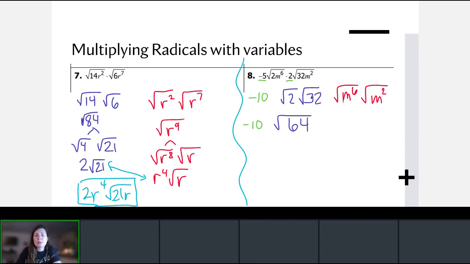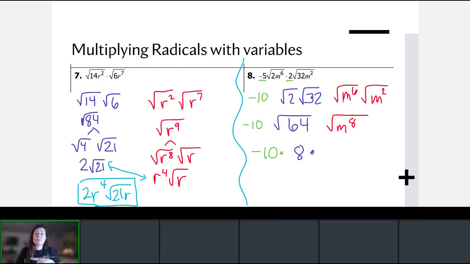Now over here, we have the square root of m to the 6th times m to the 2nd. What's that going to give us in our exponent? An 8. We add. All right, now simplifying, we have -10 times that 8 here, times the square root of m to the 8th.